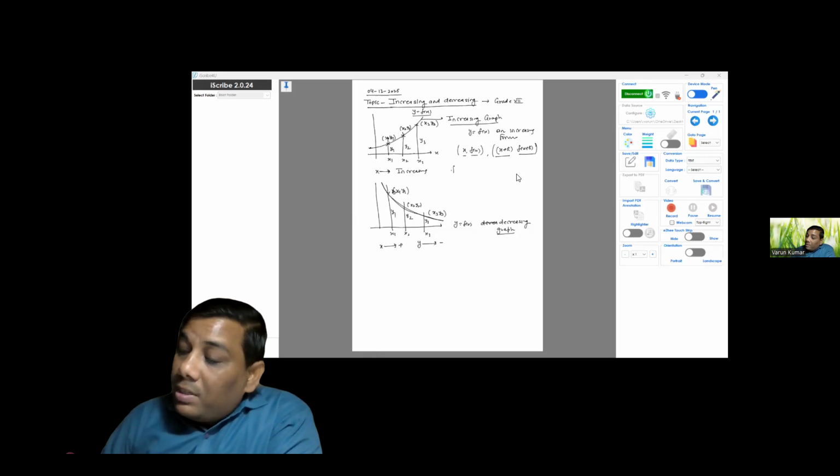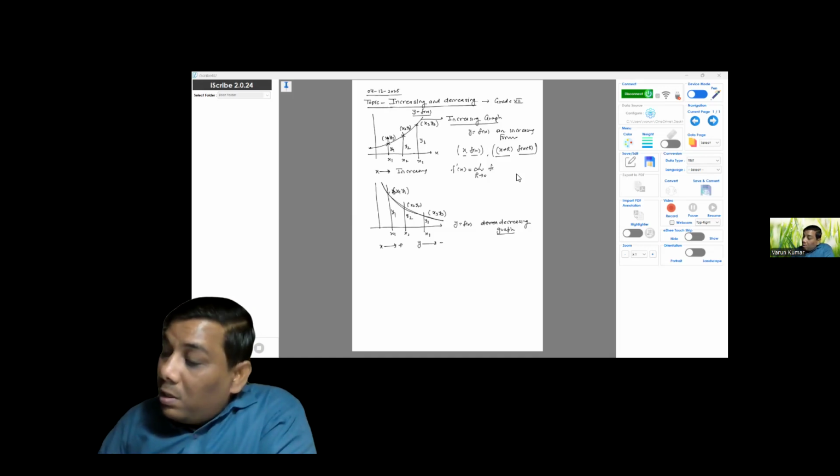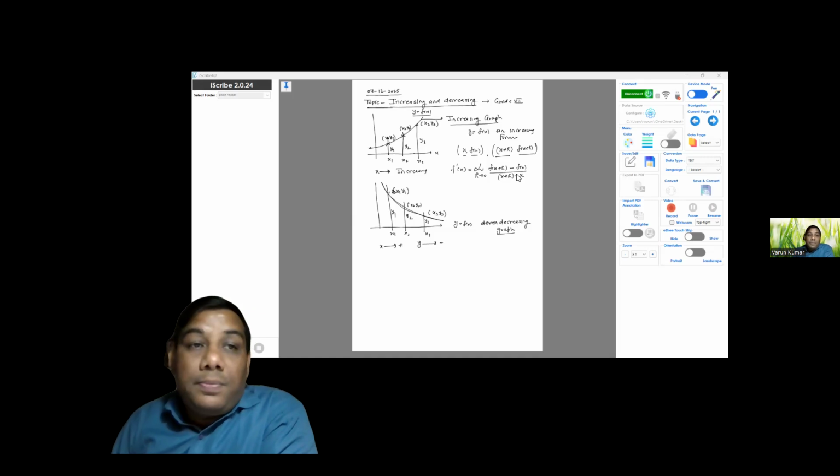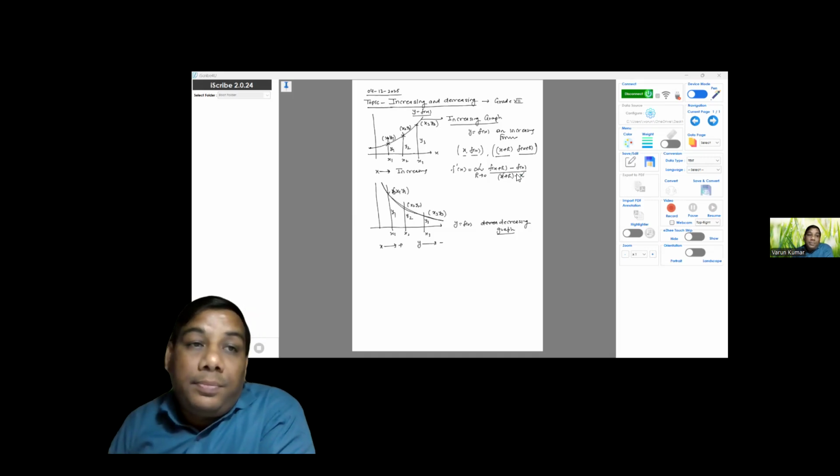Now from the first order derivative, f dash x is given by the limit h approaches 0 of f(x plus h) minus f(x) upon x plus h minus x. This x and x are going to be cancelled.